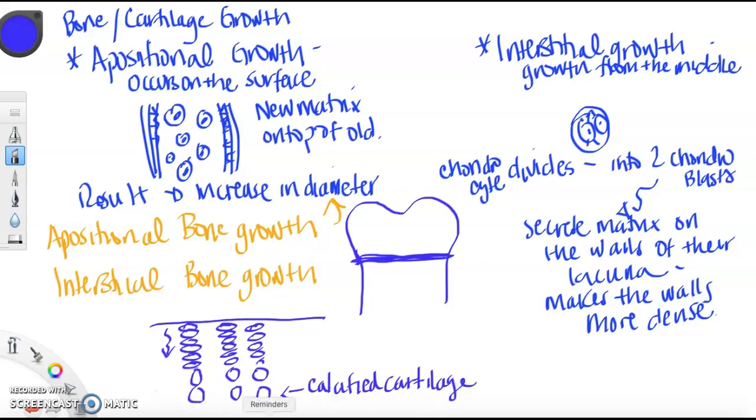From below, remember, we've got spongy bone and bone marrow. So we've got blood, and in that bone marrow is where blood cells are made. So osteoclasts are produced that come up here and break down this calcified cartilage. Then osteoblasts come in here and secrete osteoid.